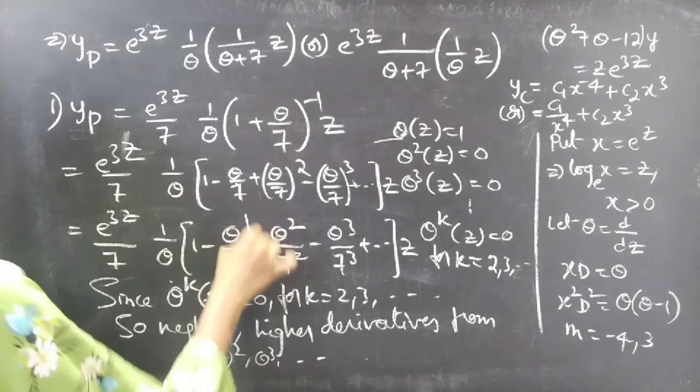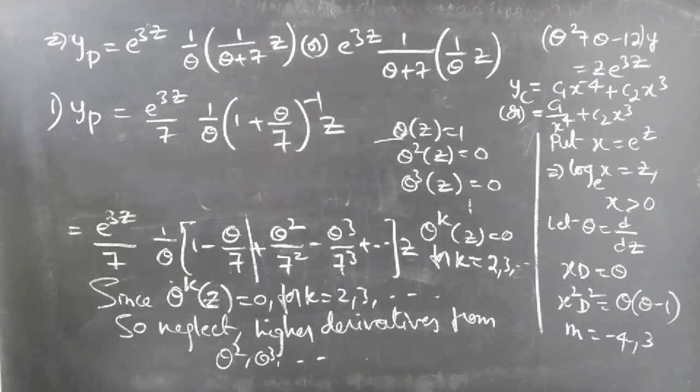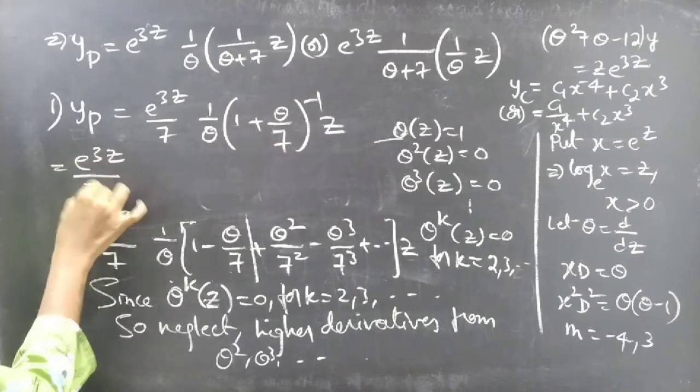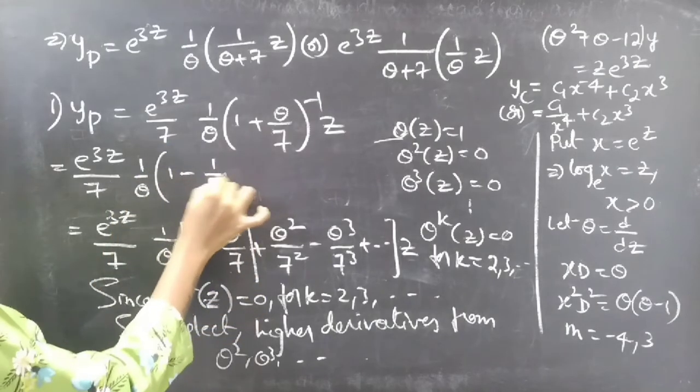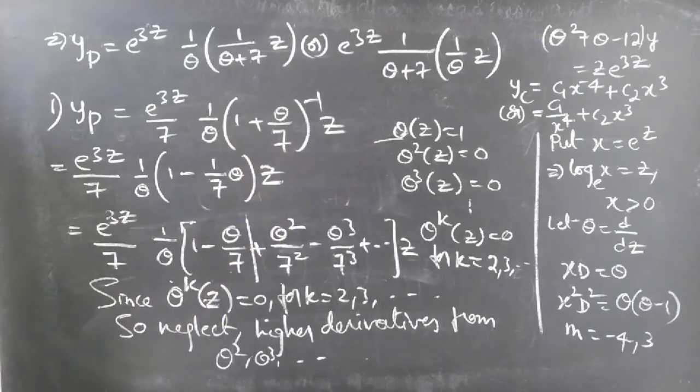Okay, so we'll neglect all the terms from here. Then yp becomes e power 3z by 7 into 1 by theta into 1 minus 1 by 7 into theta into z.